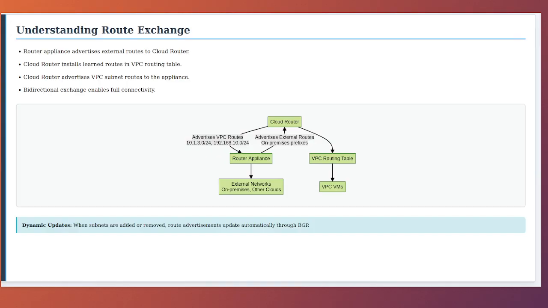The VPC routing table receives the routes learned from the appliance and makes them available for packet forwarding. Virtual machines in the VPC use these routes to determine where to send their traffic. The external networks block represents any networks reachable through the Router Appliance that have been advertised via BGP.